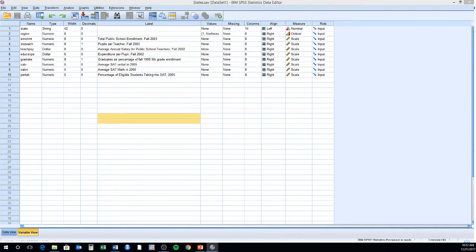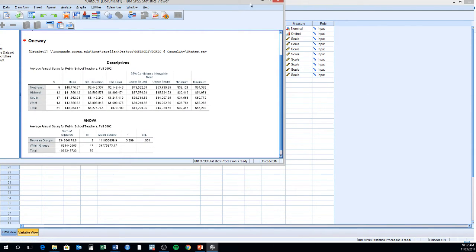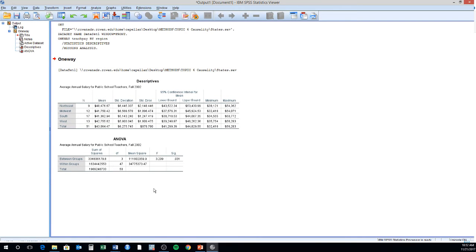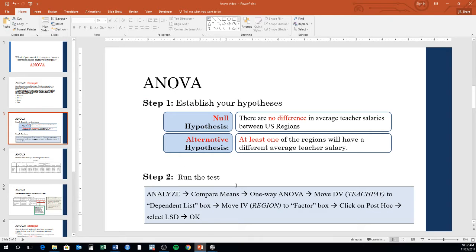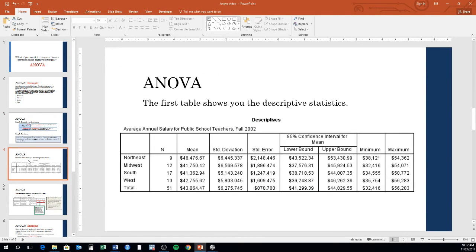So we run the analysis, and we have a couple of tables here. So let's just go over the tables. And I'm going to use my slides to do that. The first table shows you the descriptive statistics between each of the groups. So the Northeast is composed of 9 states, and the average teacher salary is $48,000.